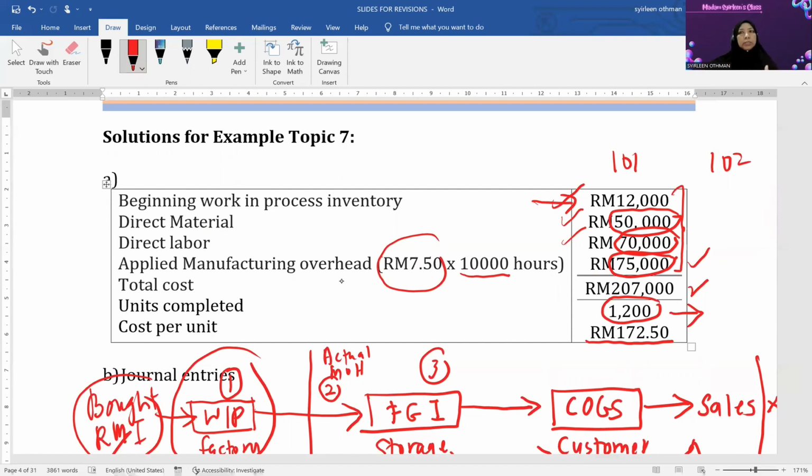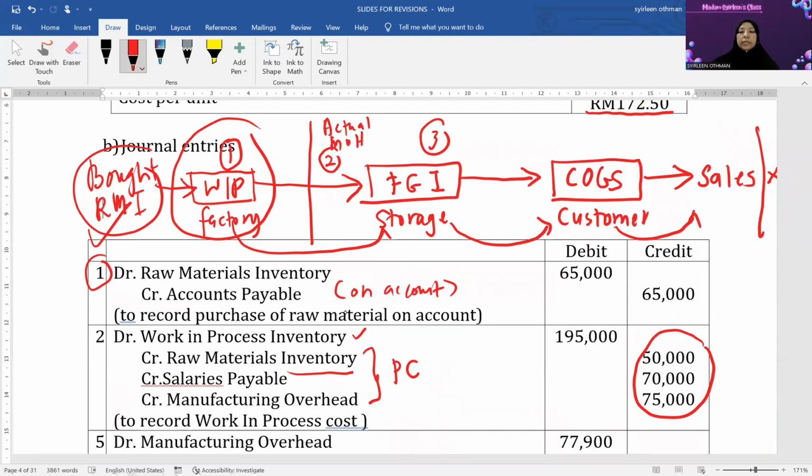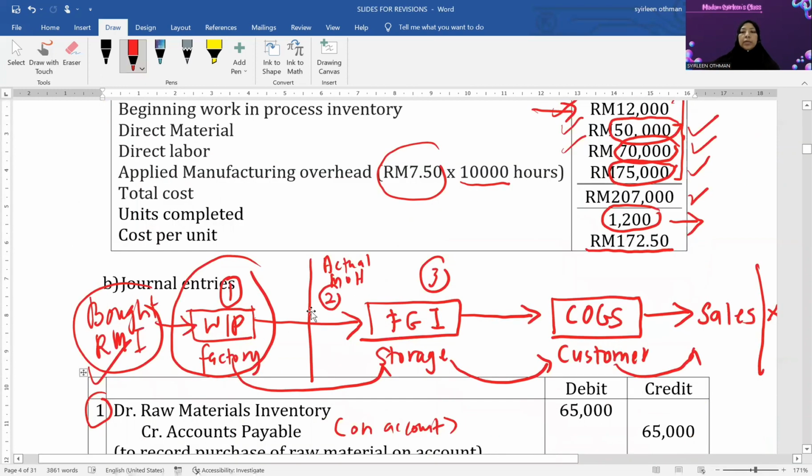So kita faham journal adalah untuk catatan urus niaga semasa saja. So yang saya akan masukkan hanyalah transaction semasa, which is your direct material, current direct labor, and current manufacturing overhead. Okay, so all this, the total is 195. So I am not going to use 207, not this item, sebab yang ni termasuk beginning WIP.